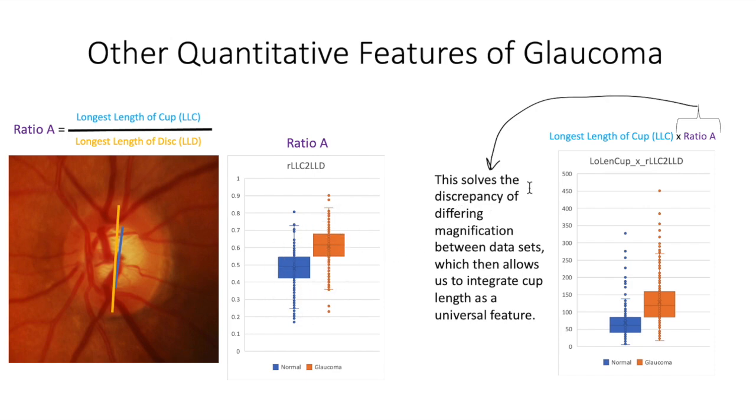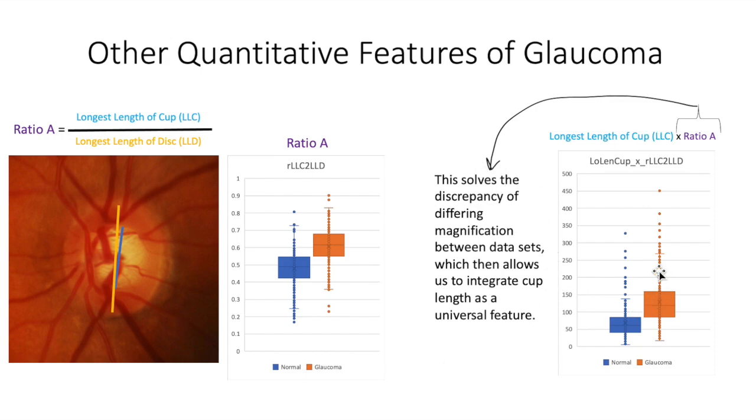We also notice in every data set that we've analyzed that the length of the cup is longer in glaucoma than in normal, but we could not use this feature because each data set imaged the cup and disc at a different magnification. Thus, I had to figure out a way to normalize it, and I realized that since the ratio A we calculated here exists in every single patient, we can simply multiply that to the length of that patient's cup to normalize the length of the cup as a universal feature that will work across all data sets.